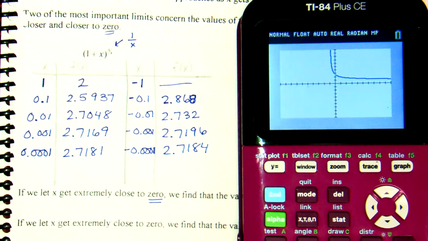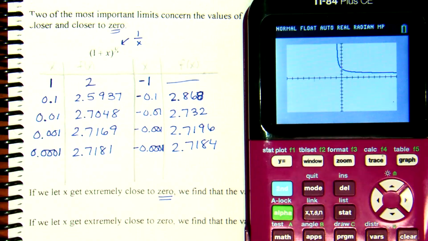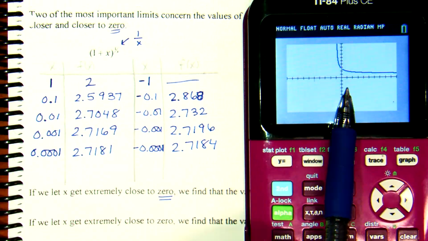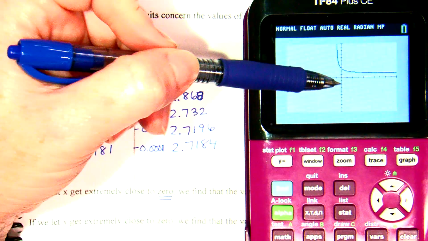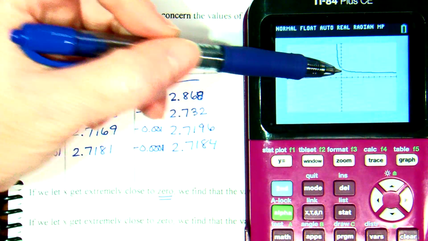Where is the value x equals 0? X equals 0 is before we move left or right, yes? So as x is getting closer and closer to 0 from the left and the right, what is that y value that we're getting closer and closer to?